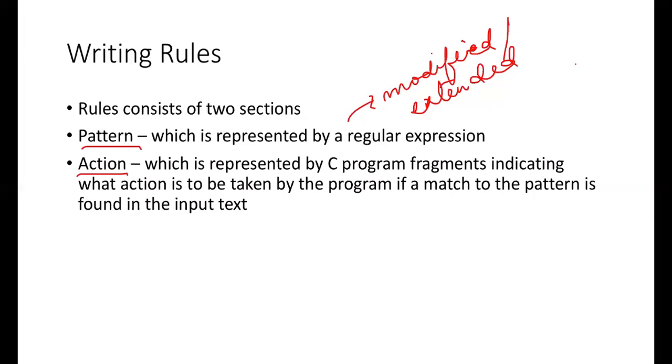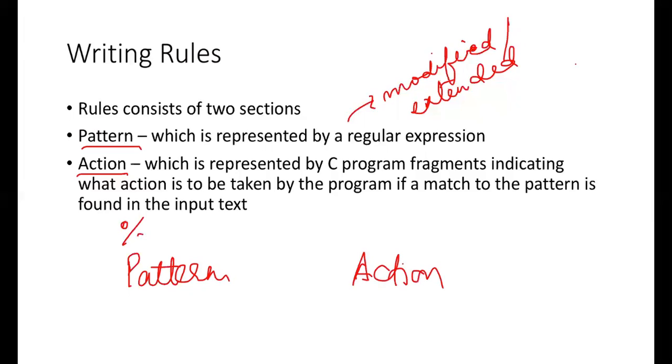So what is the action? The action is represented by a C program fragment. So again, in the action part also, you have C program segments, which would indicate what action is to be taken by the program if a match to the pattern is found in the input. So we write it something like this. The pattern we write here, and here comes the action.